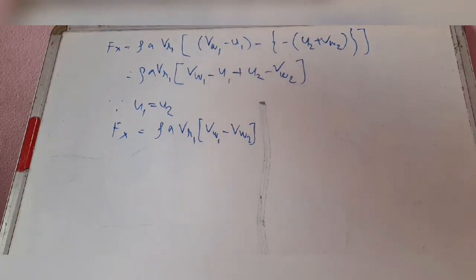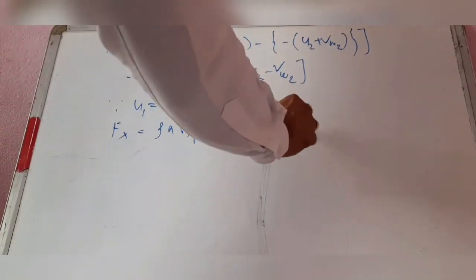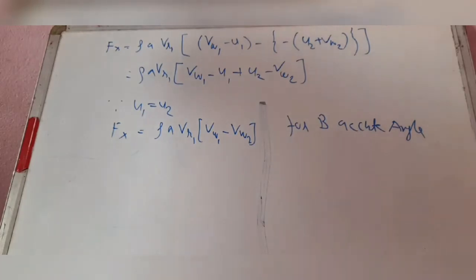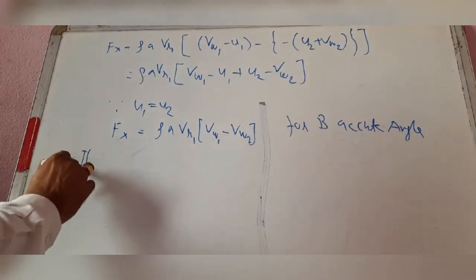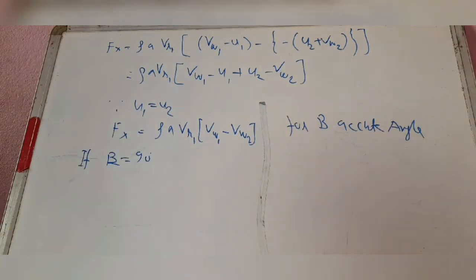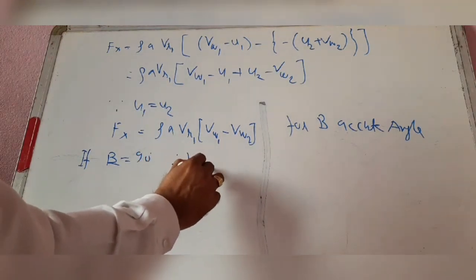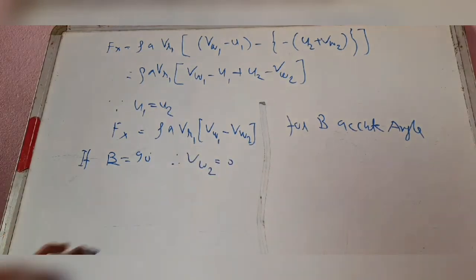This equation is true only when the angle beta shown in the triangle is an acute angle. If angle beta is equal to 90 degrees, at that time vw2 is equal to 0.